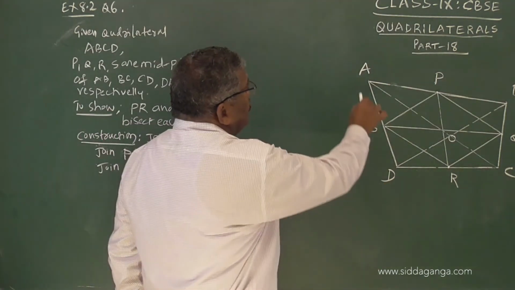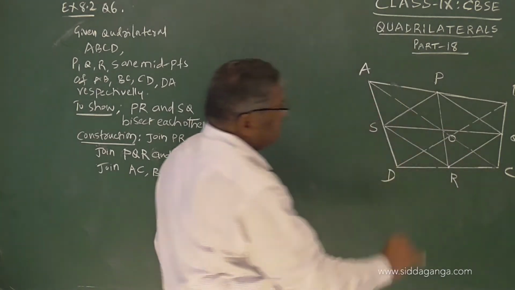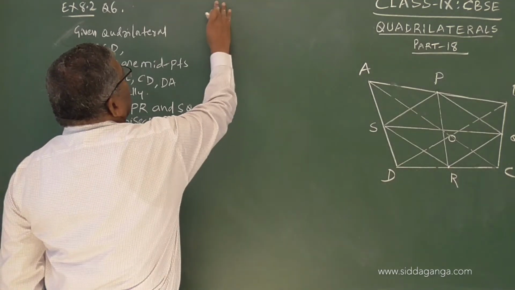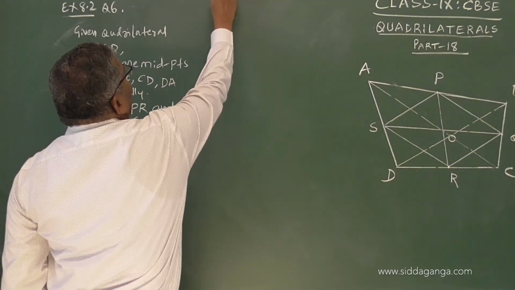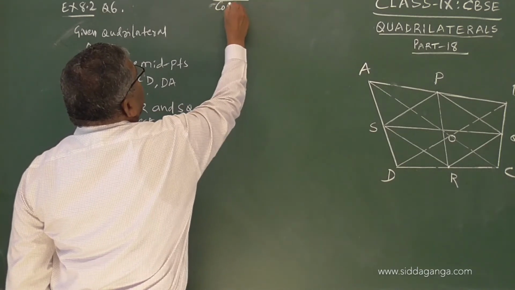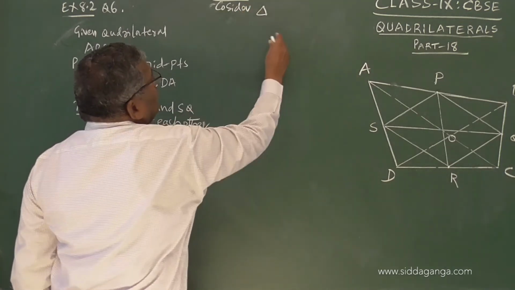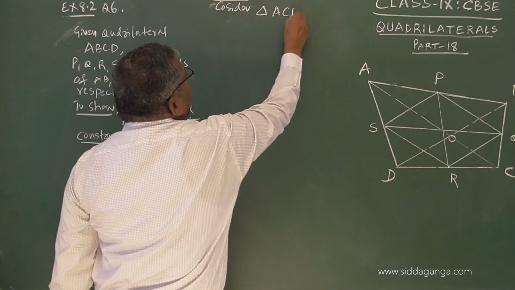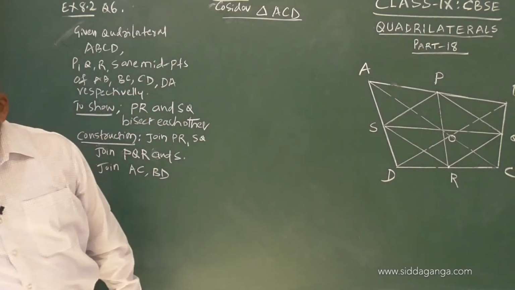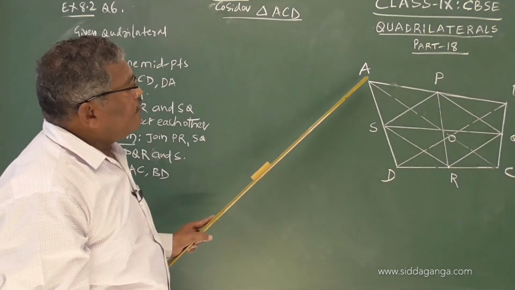So, now with this we will start our discussion. Let us take the triangle ACD. Proof. Consider triangle ACD. When we start comparing the various parts of the figure, you should always keenly look at the diagrams.